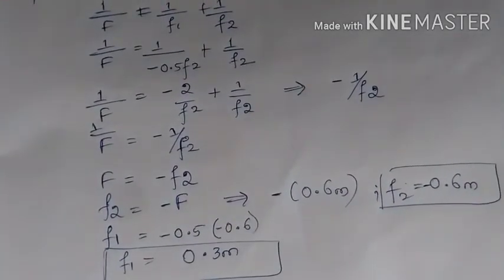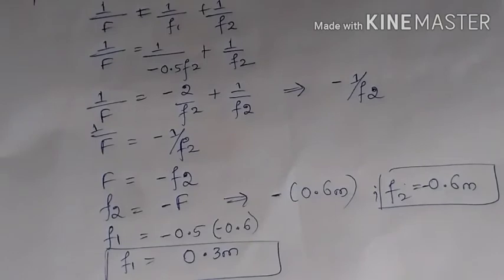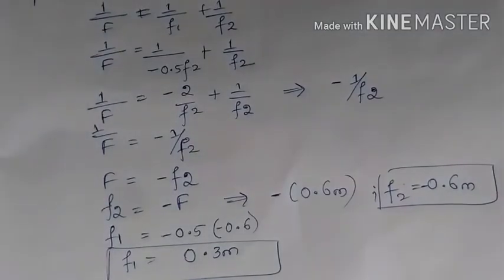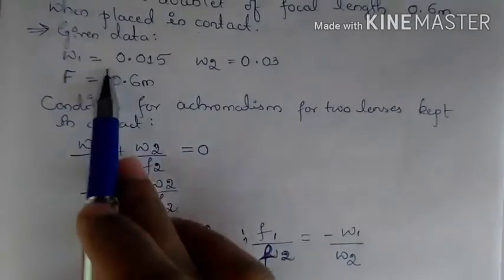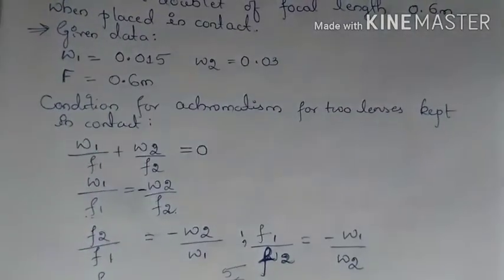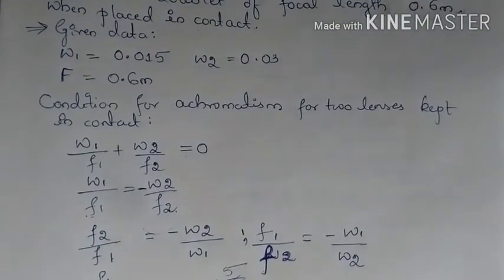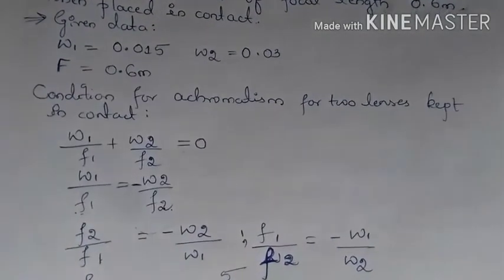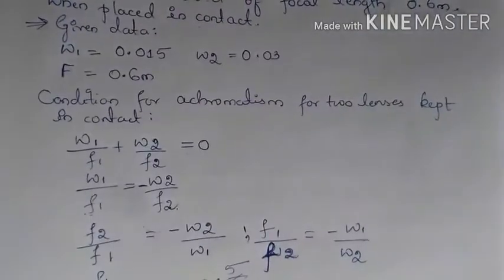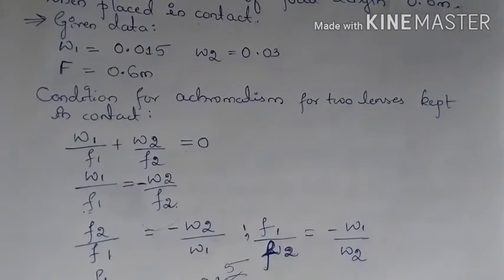We found the focal lengths for the two different glasses, that is crown glass and flint glass, wherein we were given three data: omega 1, omega 2, which are the dispersive powers for the crown glass and the flint glass, and this is the equivalent focal length for the combination.